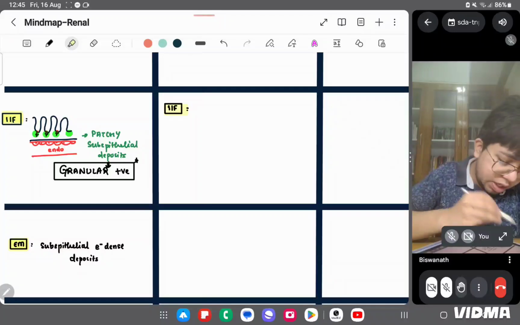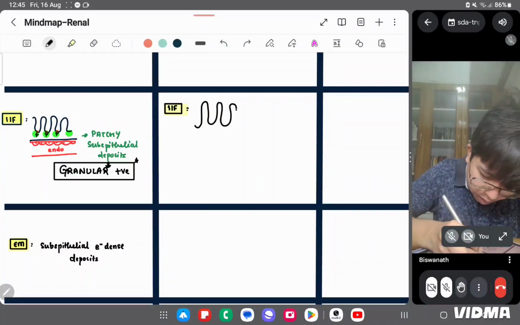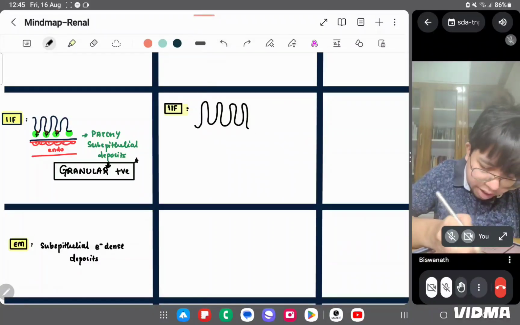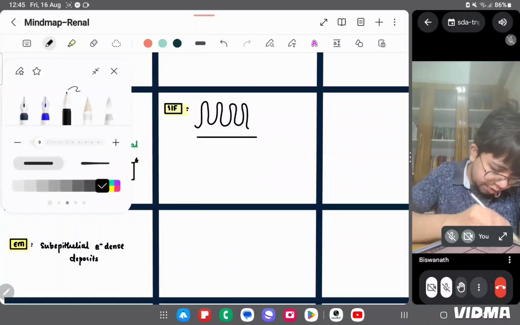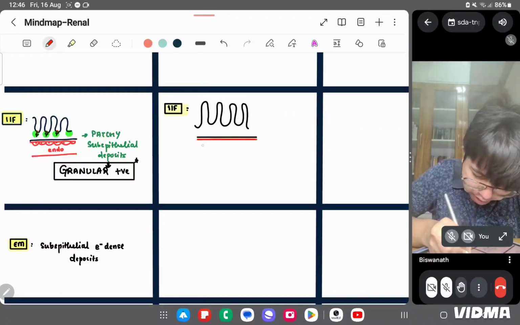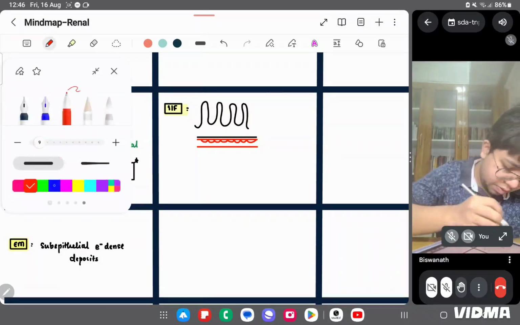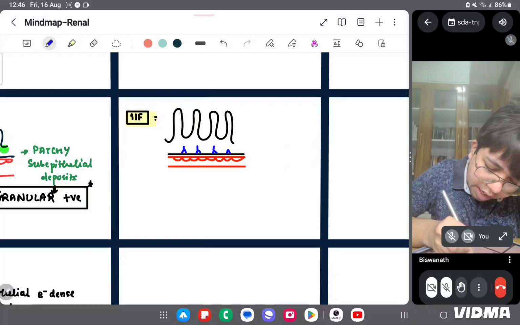Understood? So here, what I am saying is, let's say this is the glomerular basement membrane. I'm drawing it a little bit down so that you can understand. And this is the endothelium. Here, our antibodies are bound.